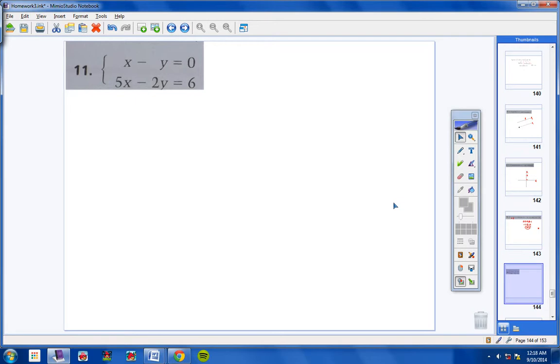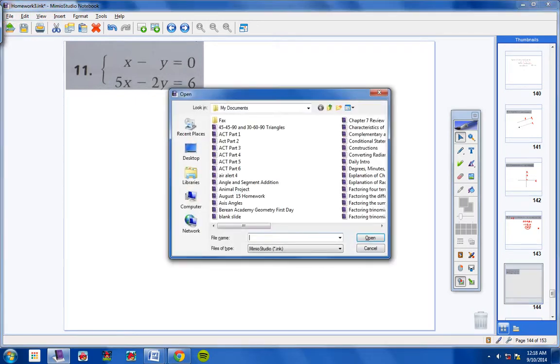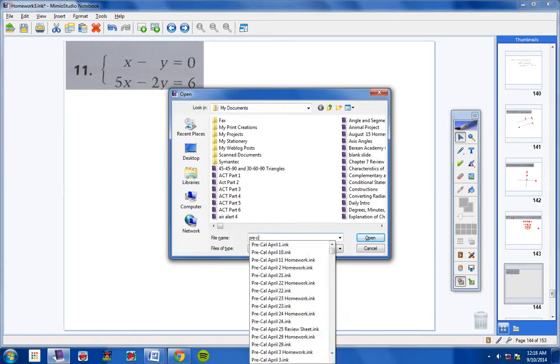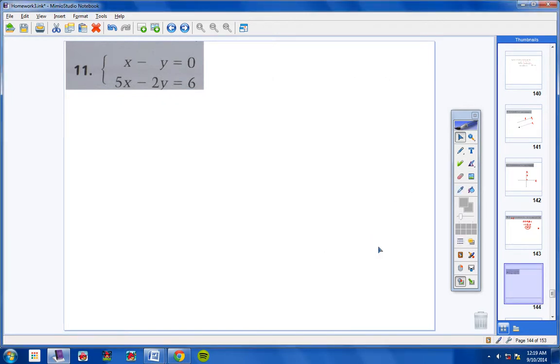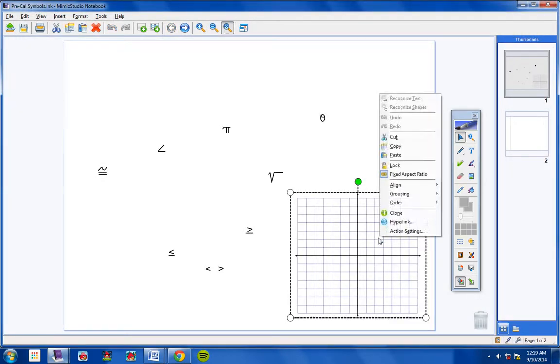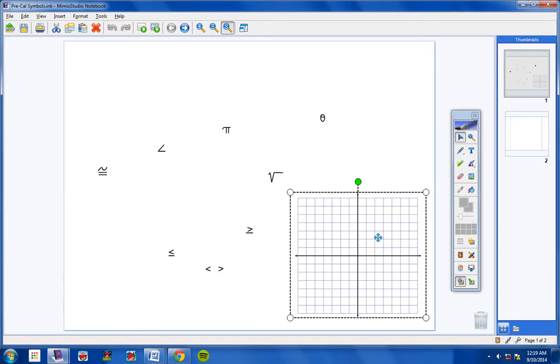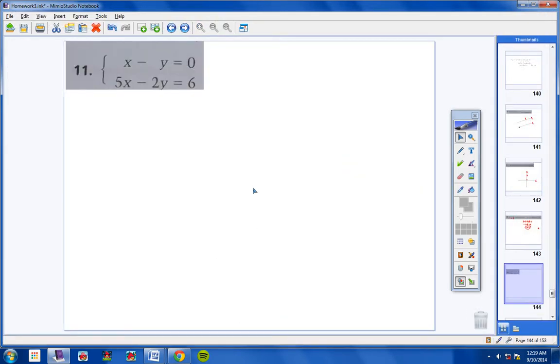Real quick here, I'm going to get a coordinate plane. It'll take just a second here. Hopefully. And it's not what I wanted, so we'll try this again.